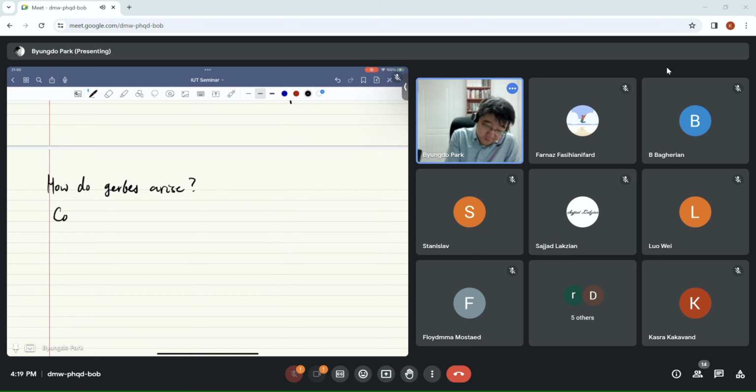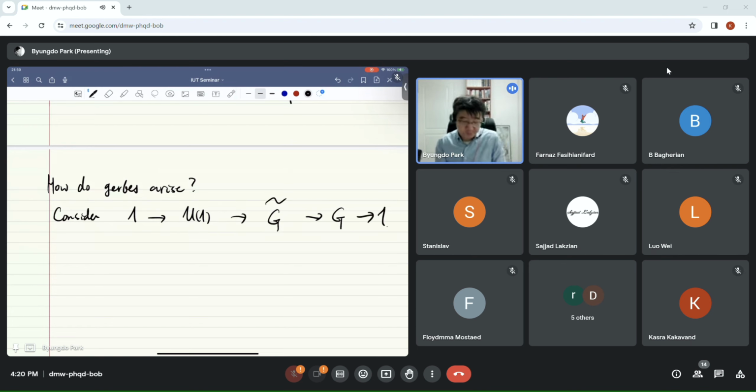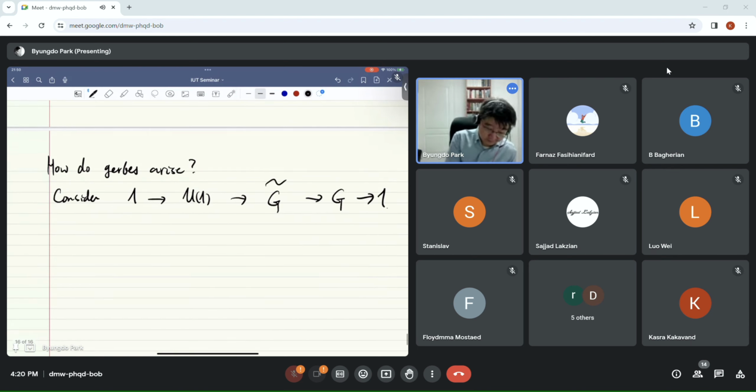So we consider this sequence of groups. U(1) goes to isometries on Hilbert space, and let me go a little bit more general, like some group G twiddle, then goes to group G, and then goes to 1. Short exact sequence.